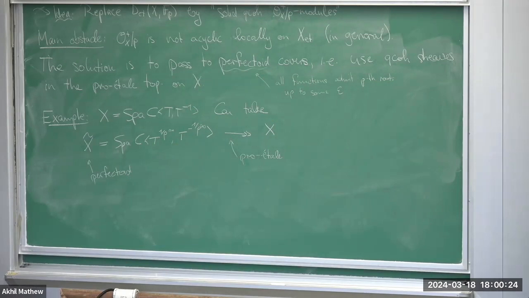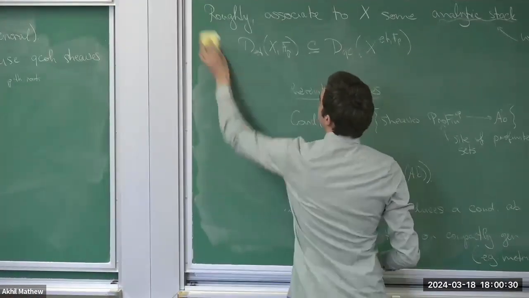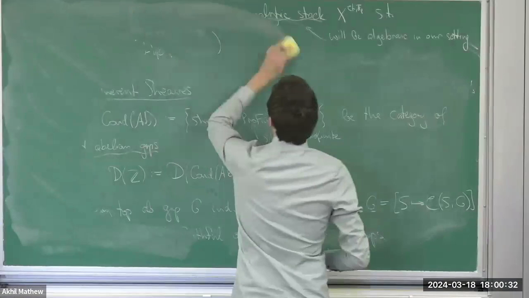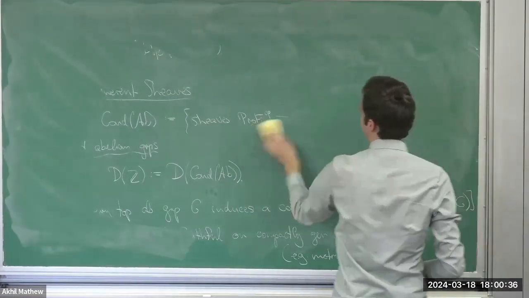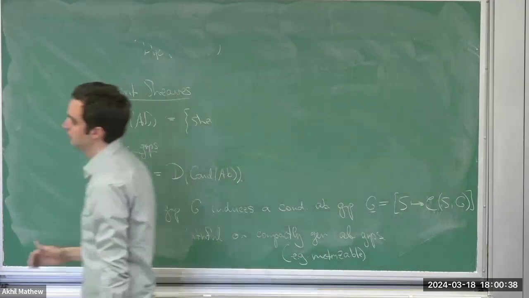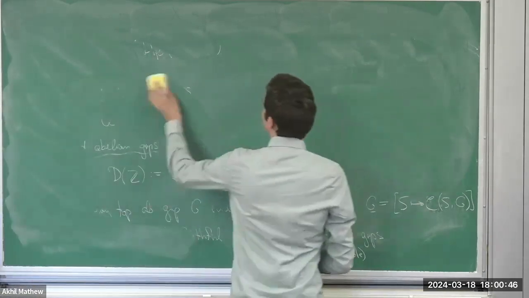So that is a basic example of how one can cover a rigid variety by a perfectoid space. I think you should roughly see this as covering the space by some sort of universal cover. So you should see this perfectoid cover as some sort of universal cover of the space.